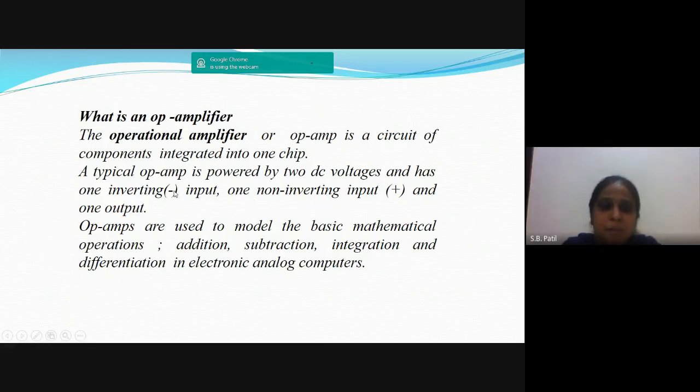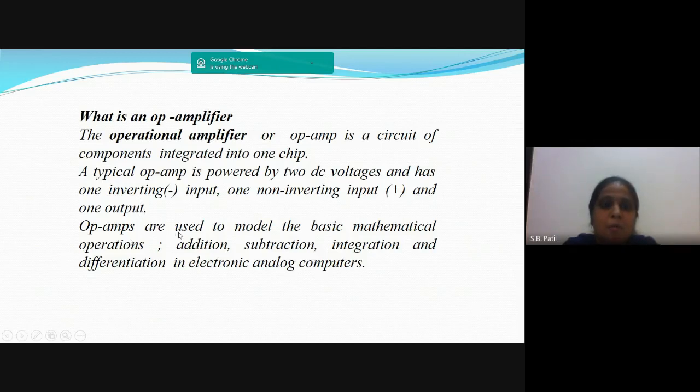The inverting input is indicated by the minus sign and the non-inverting input by the plus sign, connected to pin number 2 and pin number 3, and the output is taken from pin number 6.